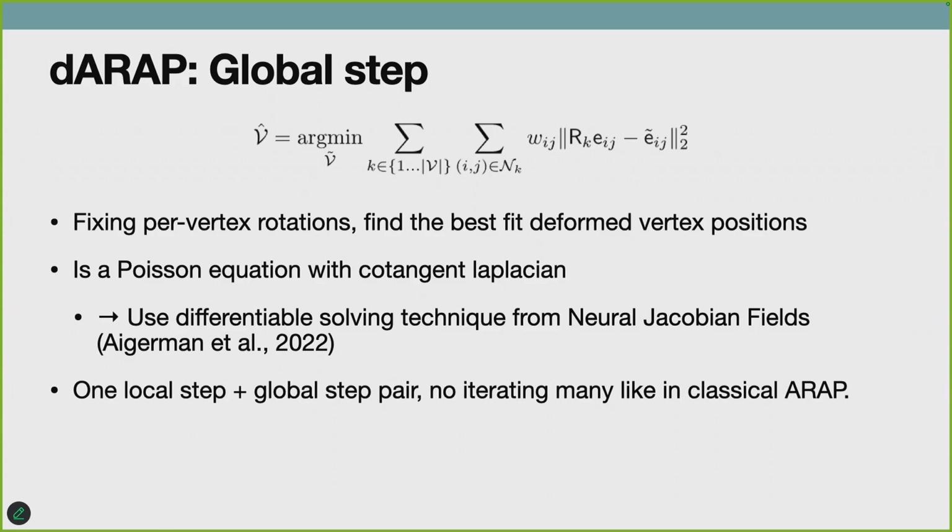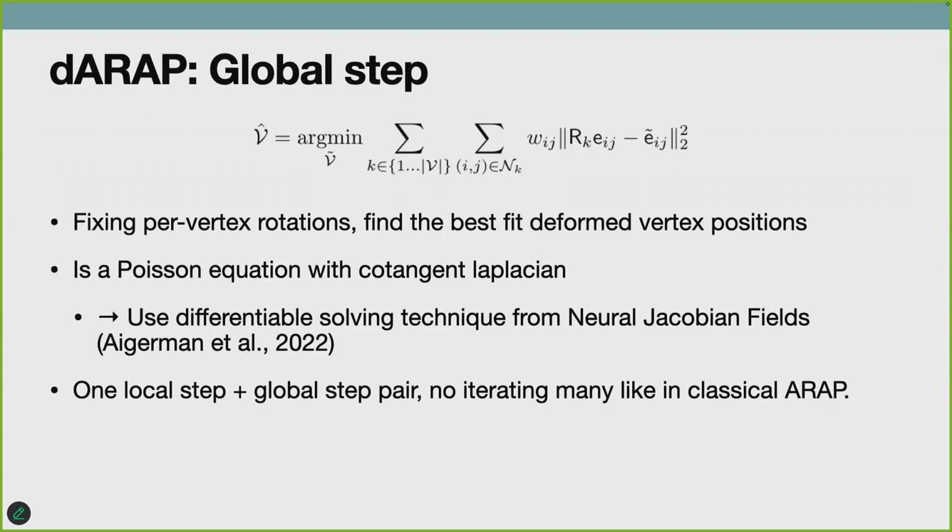And then once we've found per-vertex rotations, we find the surface that best fits these local rotations. Now, this least squares optimization is just a Poisson equation with a cotangent Laplacian, which means we can use a differentiable solving technique from neural Jacobian fields, which is also a seminal work in this field of study. Note that we use one local step and global step pair.